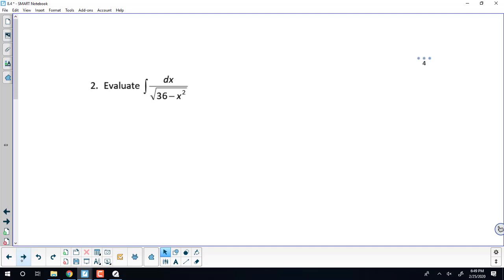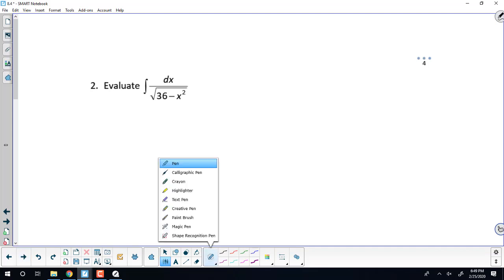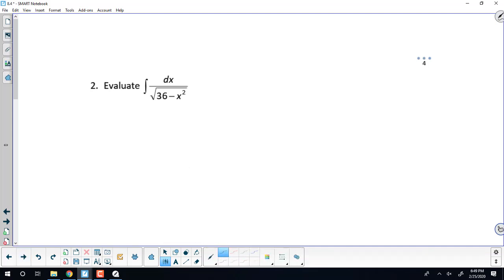Antiderivative of 1 over root 36 minus x squared. Does anything jump out at you? So we'll go with this. Difference of squares here. Under the radical, I'm factoring the 36 from 36 minus x squared.